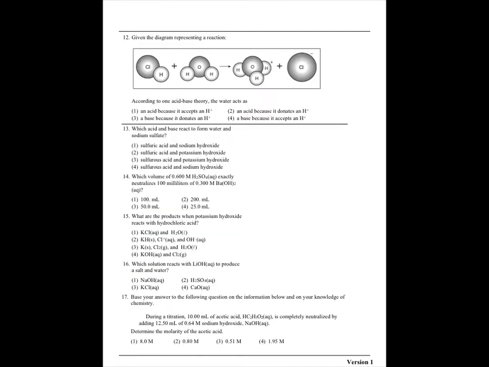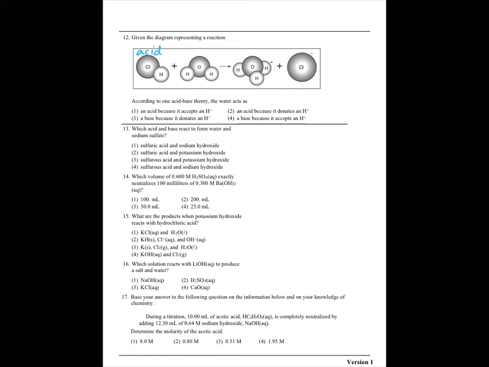Number 12. Here we are given a diagram to represent the reaction of HCl plus H2O to yield H3O+ and Cl-. Here water is acting as the base. Why? Because we should already know HCl is a common acid. If you don't remember that, you can look it up on table K. HCl is definitely an acid.